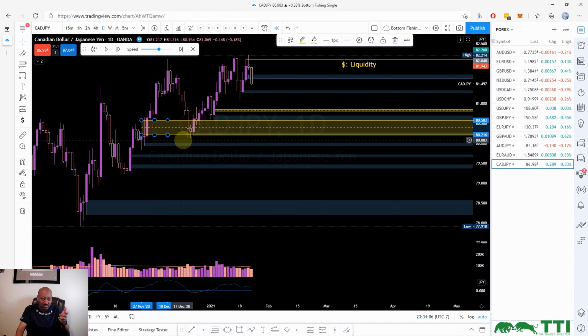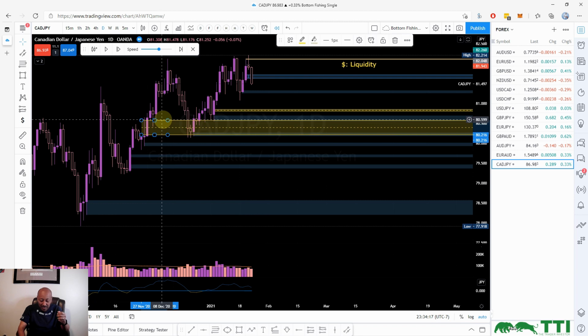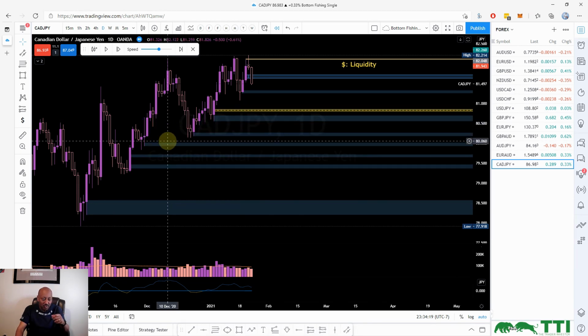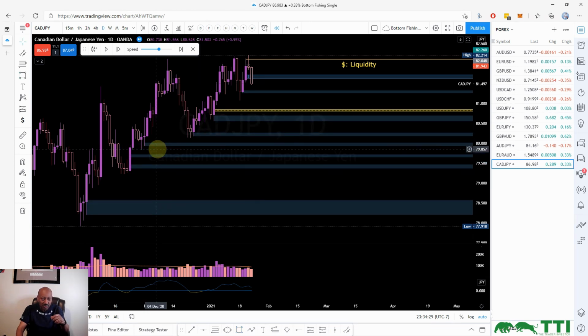Whether you treat it that way or not, it doesn't matter, because a couple days later we came back to that 50% and reversed. So those imbalances are taken care of. If you draw them wrong, it's okay, because if they're already taken care of and you had them wrong, price will never come there.